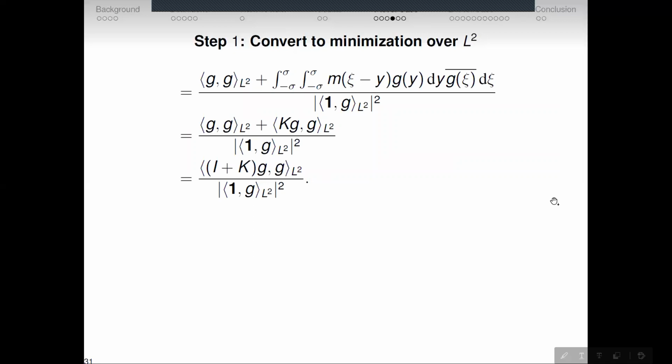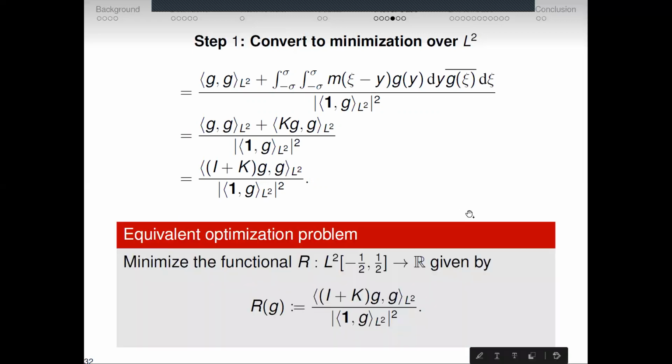We write out the convolution as integrals, and after some simplification, the quantity we are interested in is equivalent to this functional form R.